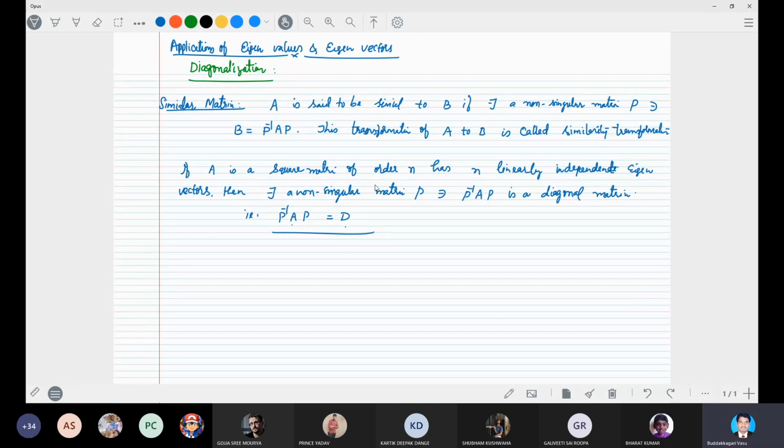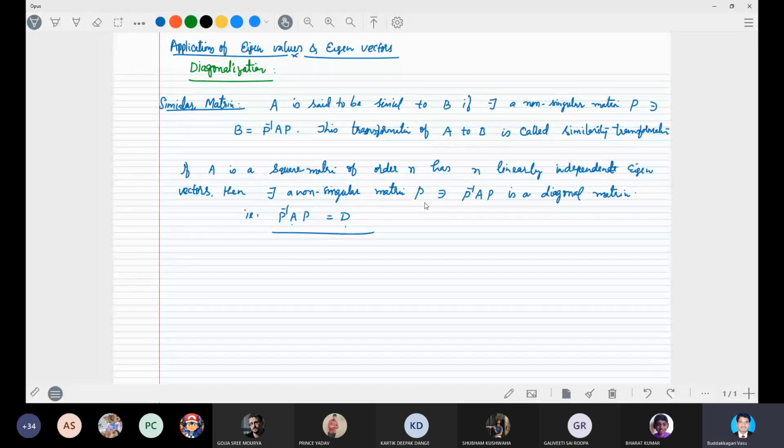If A is a square matrix of order n and it has n linearly independent eigenvectors, then there is a non-singular matrix P, so that eigenvectors constitute P. Understand?